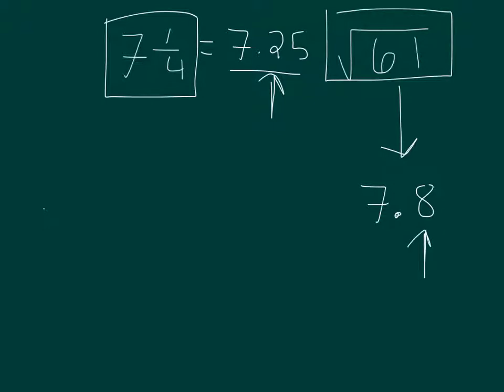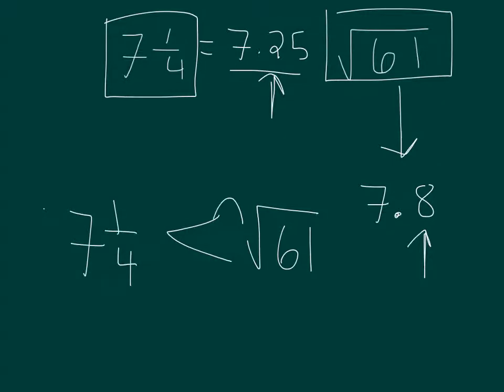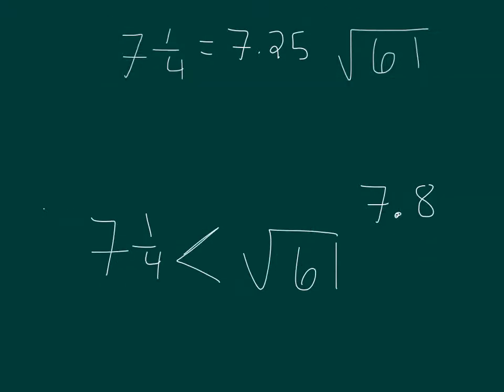The 8 is larger, so that means that the square root of 61 is going to be larger than 7 and 1/4. And it's larger because I put this larger sign facing the square root of 61. And then reading my expression left to right, this is that 7 and 1/4 is less than the square root of 61.